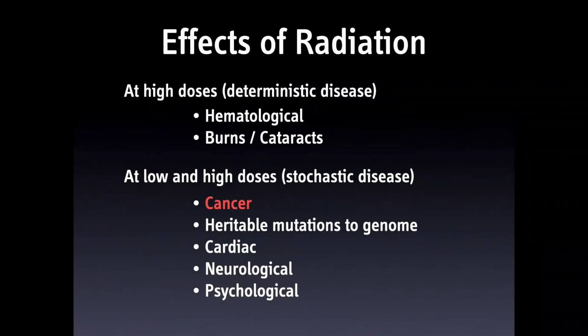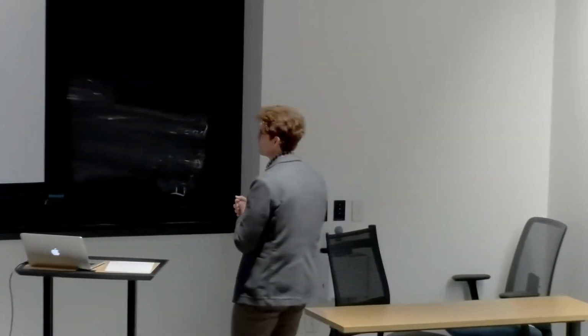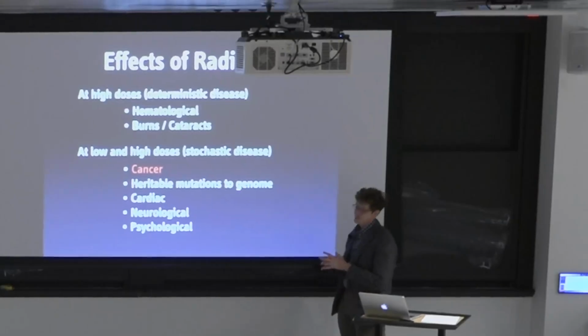Now, there are lots of different kinds of health effects that we could build dose-response models for. We typically break these down into two different categories, what are called the deterministic diseases and the stochastic diseases.